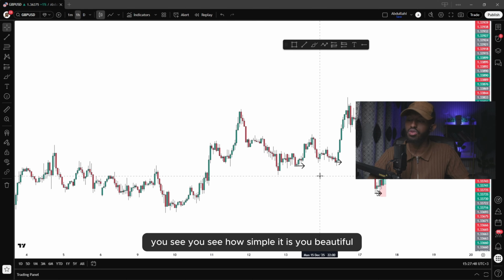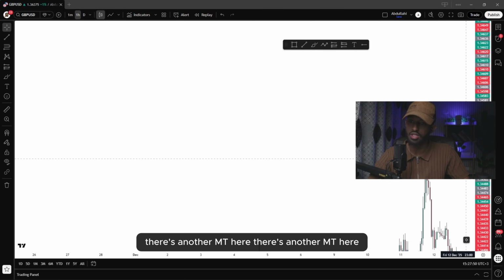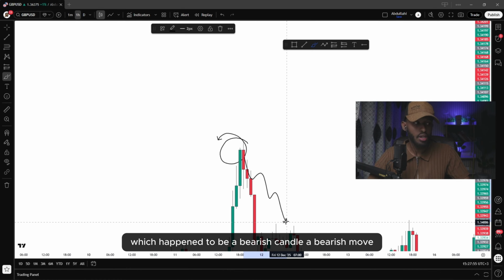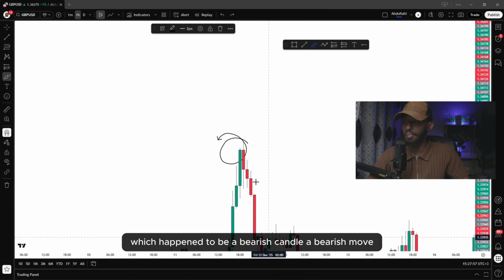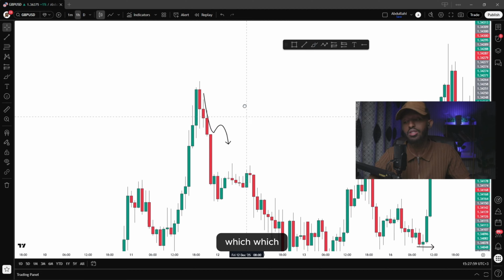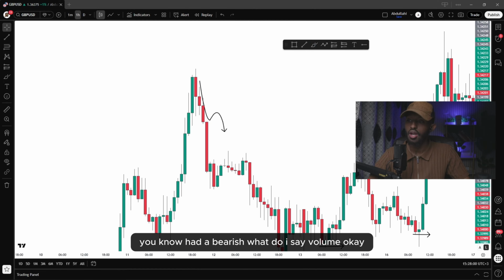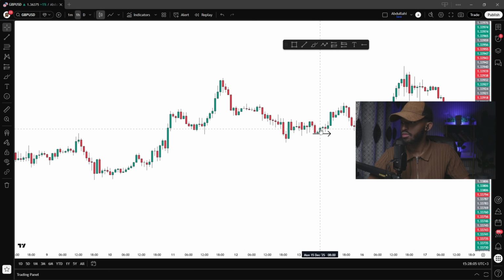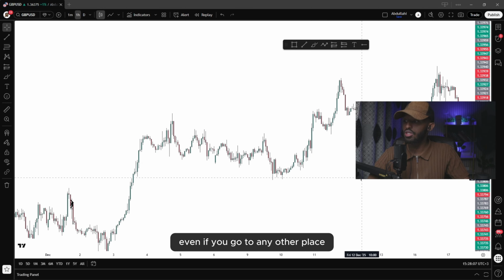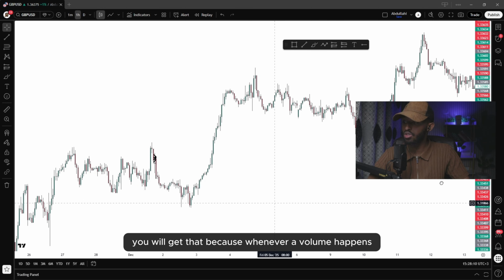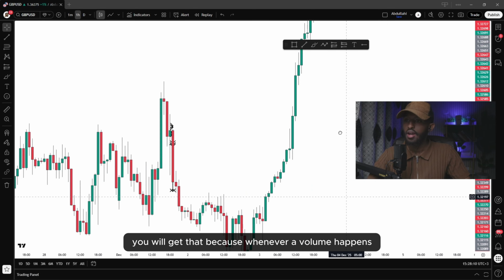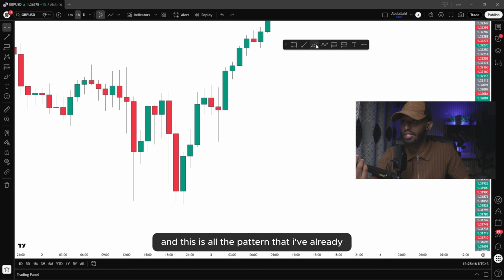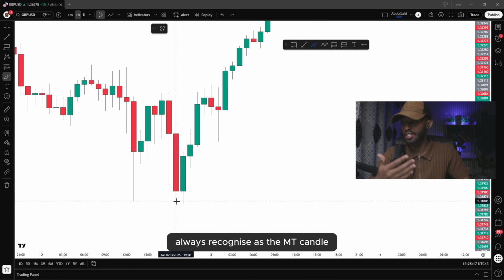Okay, you see how simple it is. Beautiful. There's another empty here, which happened to be a bearish candle, a bearish move, which had a bearish volume. There are so many ways. Even if you go to any other place, you will get that, because whenever a volume happens, there must be a pattern, and this is the pattern that I've always recognized as the empty candle.